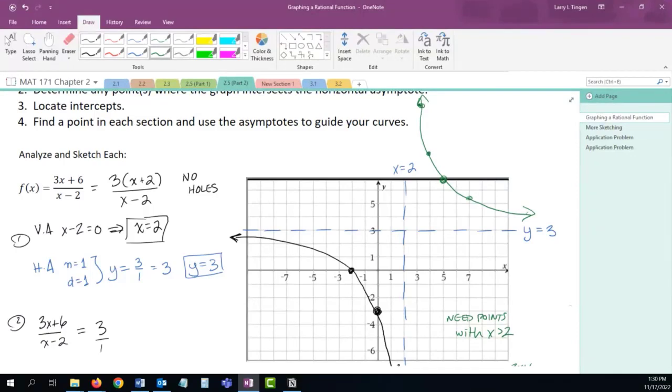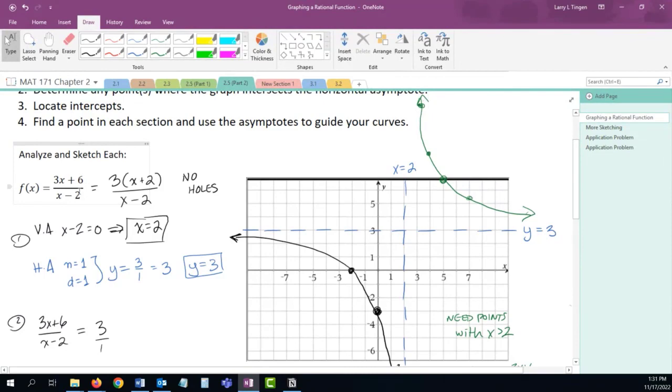The reason that I'm up here, I want you to take a look at the original function here. When x is to the left of 2, you have to zoom out a little bit with me here. So when x is less than 2, what happens up here?